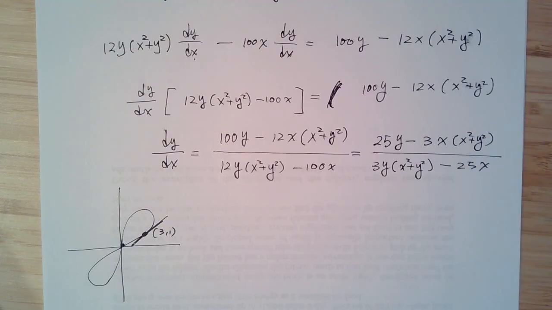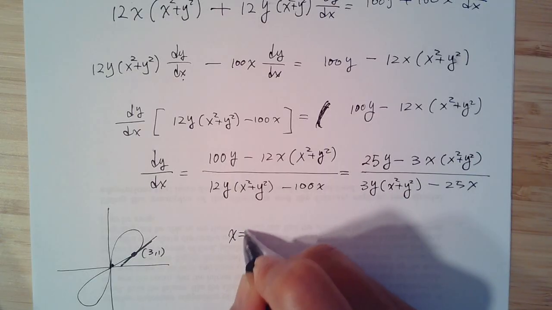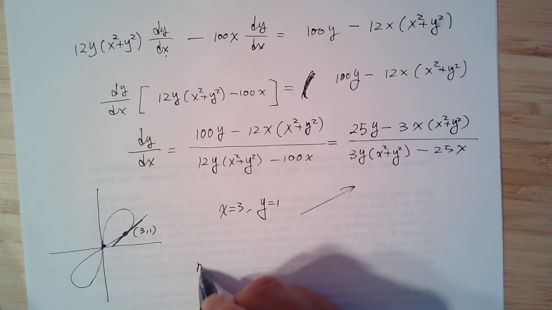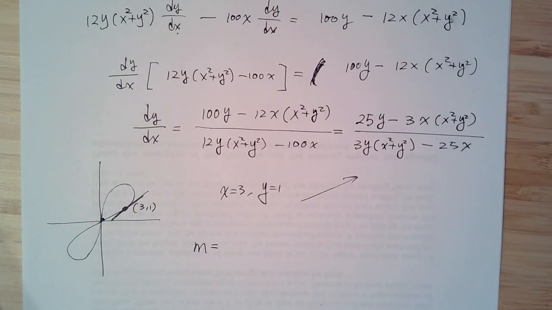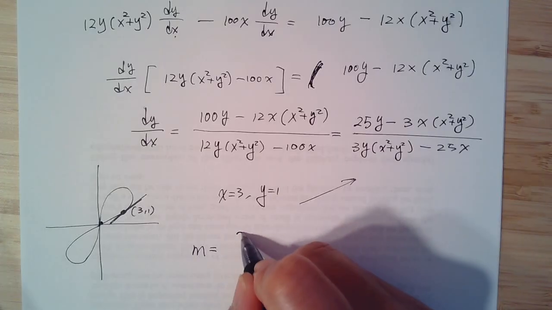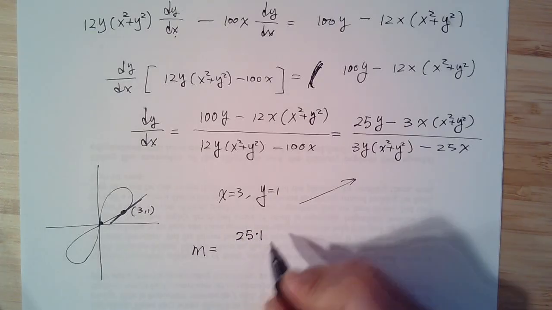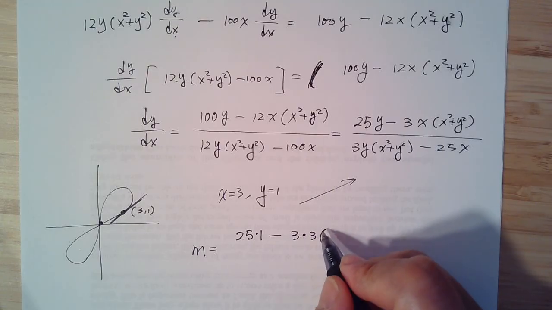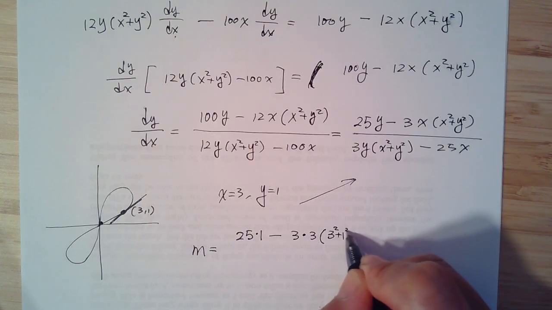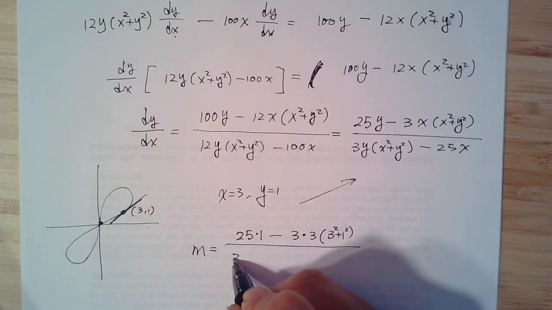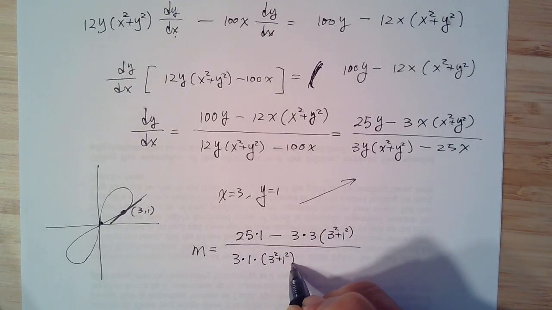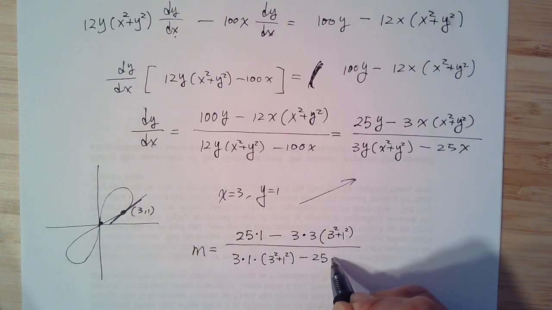What about if I ask you, what is the tangent line? For this tangent, what's the slope of this tangent line? Then you just need to plug in x equals 3, y equals 1 into that. You can get the slope. So the top is going to be 25y, so 25 times 1, minus 3 times 3, times (x squared plus y squared), so it's (3 squared plus 1 squared), divided by 3 times y times (x squared plus y squared) minus 25 times 3.